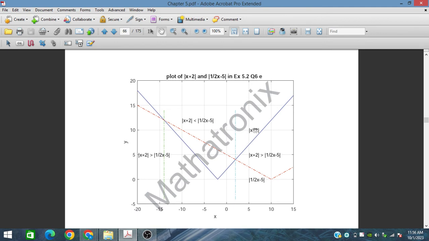So we have to find where this blue is below this red line, in this region.